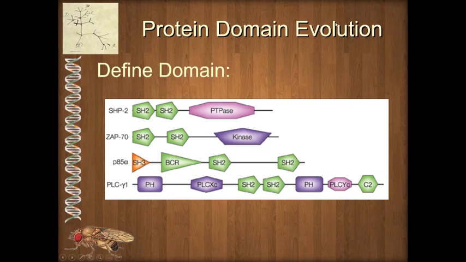So here I've got a diagram, and it's very diagrammatic. The line represents the total protein. The different shapes and colors represent regions that are different protein domains. The shapes are just kind of randomly chosen to stand out from the other shapes. But notice that in these four very different proteins, they all have this SH2 motif.